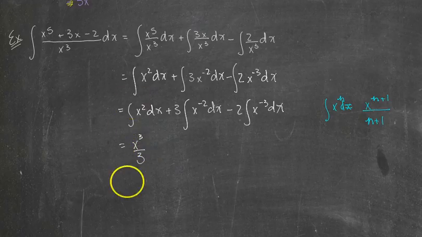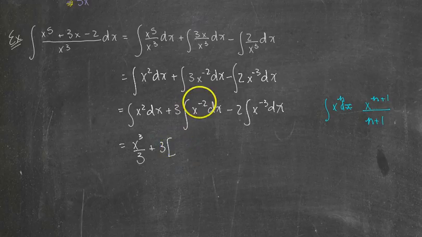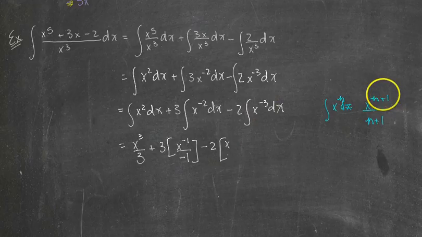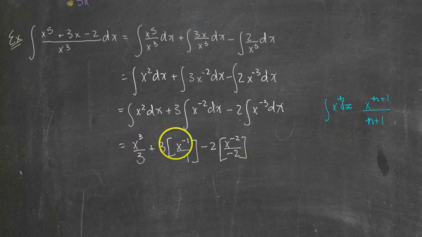I don't need my integral sign anymore because I've actually integrated this, plus 3 times x to the negative 2 plus 1 is x to the negative 1 over negative 1, minus 2 times x to the negative 3 plus 1 is negative 2 over negative 2. And then I'm going to take all the plus c's and pull them together into one giant plus c at the end.